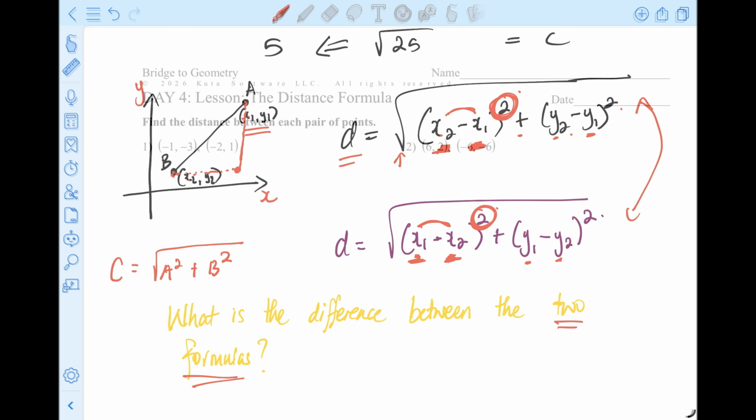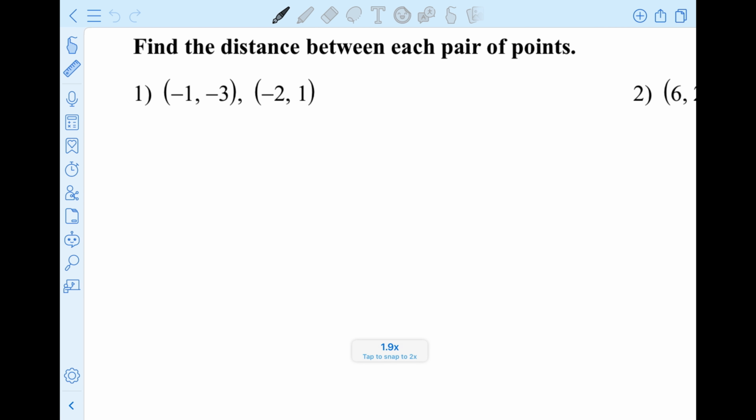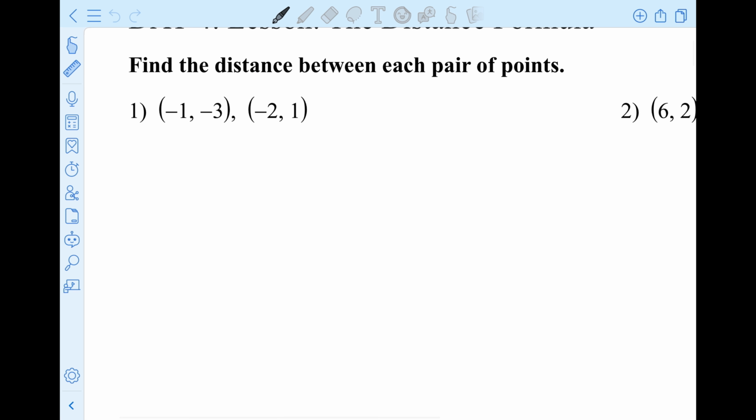Okay, awesome. So here we have some examples, right? I'm excited. So let us look at the first question. Number one here. It says find the distance between each pair of points. So best practice, always label your points first.